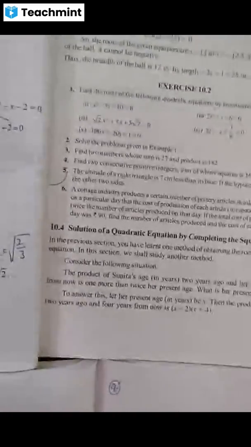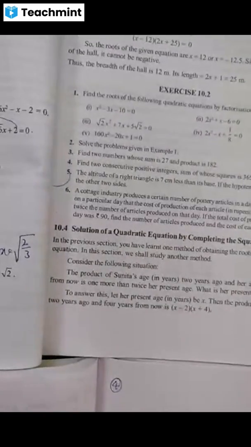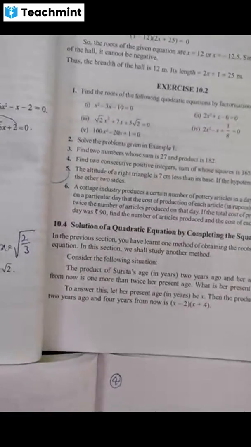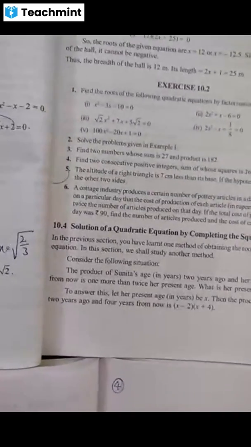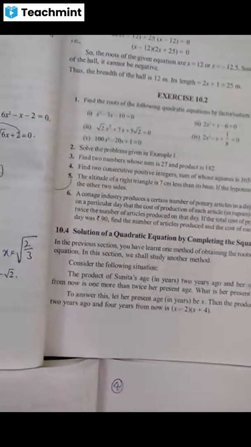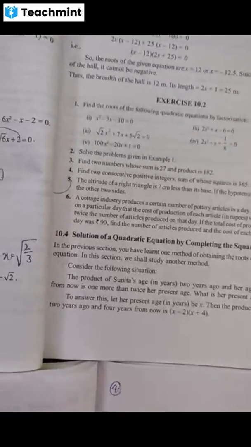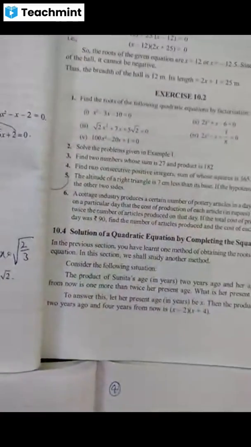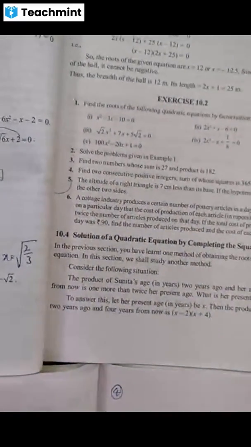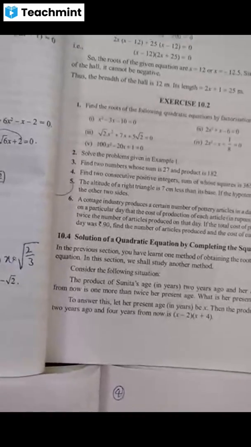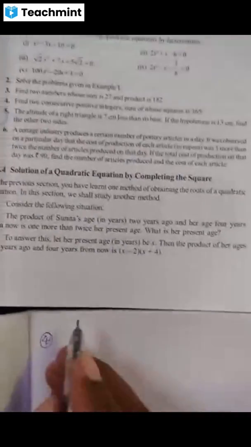So consecutive means continuous numbers, one after the other. If you say 10, the next number we have to consider is 11. So for two consecutive positive integers, if I take one number as 10, then the next number is 11 or the previous number is 9. It can be backward or forward, two numbers one after the other. Then we say they are consecutive.